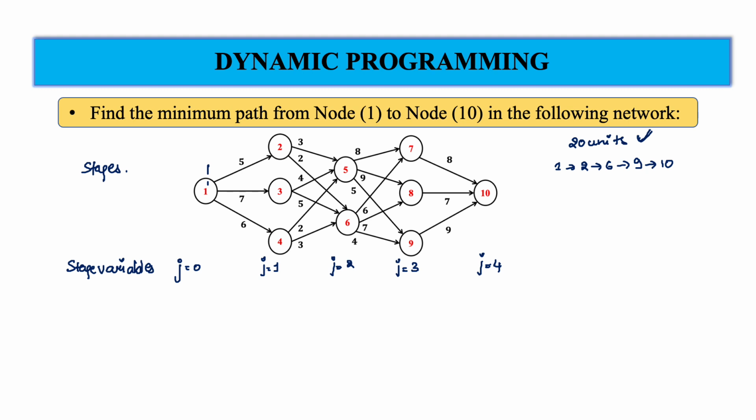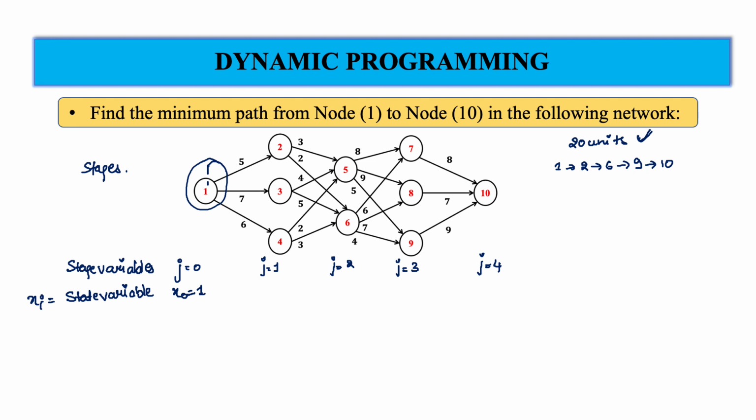Now in the first stage we have only one node, and we call it the state variable. Here we denote x0 equals 1, where xi is the state variable. So we have one node.